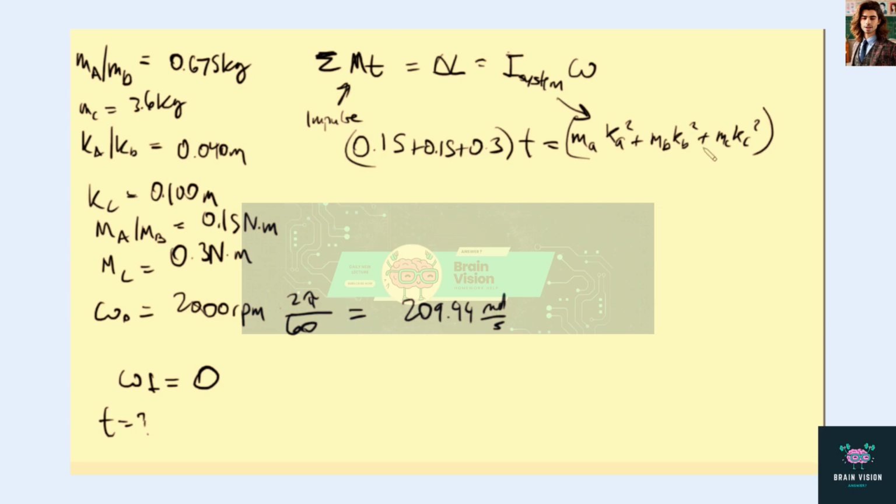We're adding together all of the individual moments of inertia, and we're multiplying that by the angular velocity.